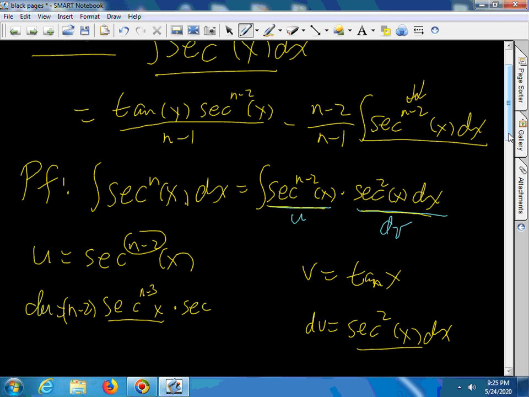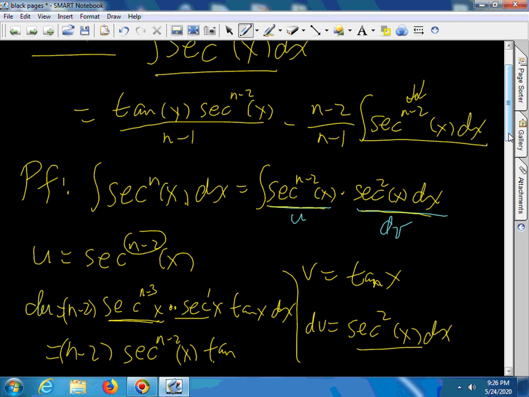Derivative of secant x is secant x tan x dx. And then I'll note one thing, that those bases are the same and I'm multiplying, so I can add the exponents. That's a 1 times tangent x dx.